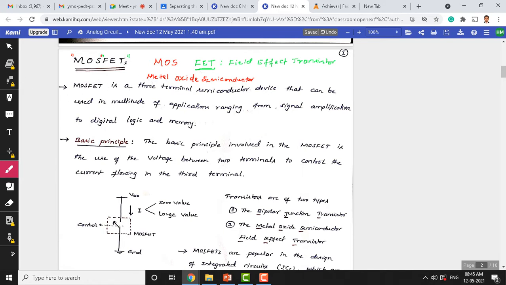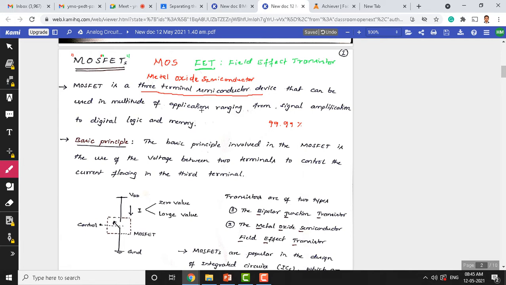So let us go into detail. MOSFET is a three-terminal semiconductor device, as you can see here, and it can be used in many different applications. If you look at the variety of applications of MOSFET, 99.99% of all electronic systems use MOSFET as a fundamental or basic device.